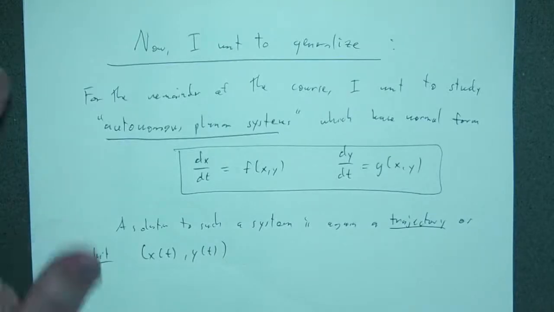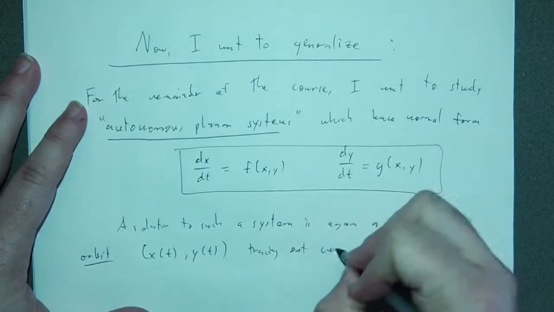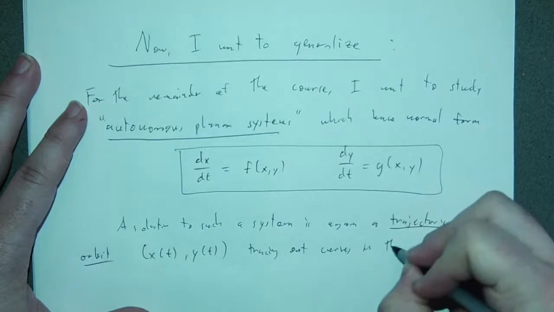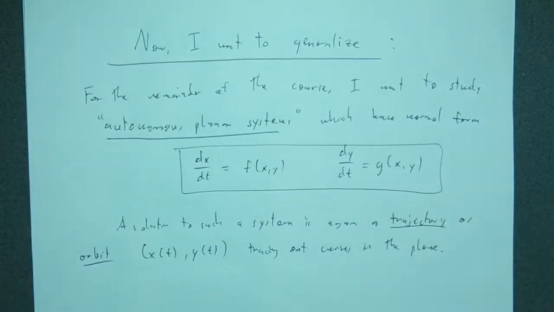So these are tracing out curves in the plane. Okay, so each curve is thought of as an orbit or trajectory of the system.